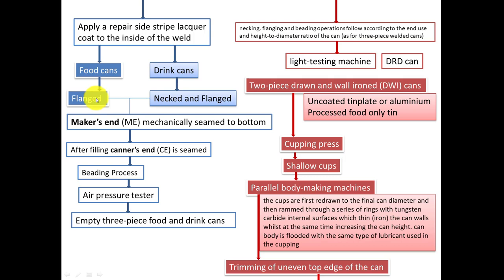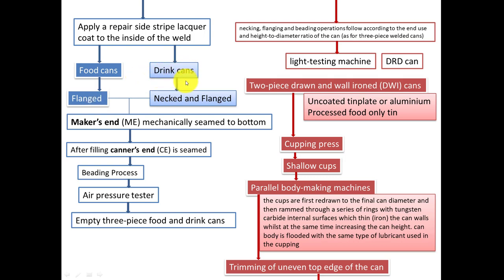Flanging means we turn the metal's edges outwards. Like there is a hollow cylinder and we turn the edges of both sides outward so that it can fix with the end.